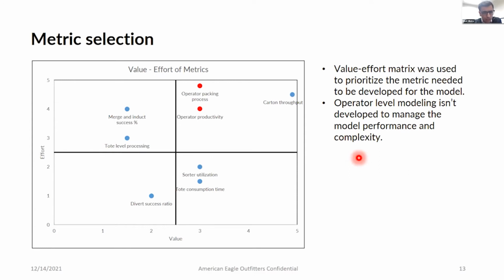One question I was running into is, should I model the operator process where an operator goes to a tote, picks a unit, and puts it inside a box? The operator modeling would be helpful to measure operator productivity, but it would require modeling 75 operators. So the model would get quite humongous, and I didn't go into that detail. I kept the model at a flow level, and that's what was more important.